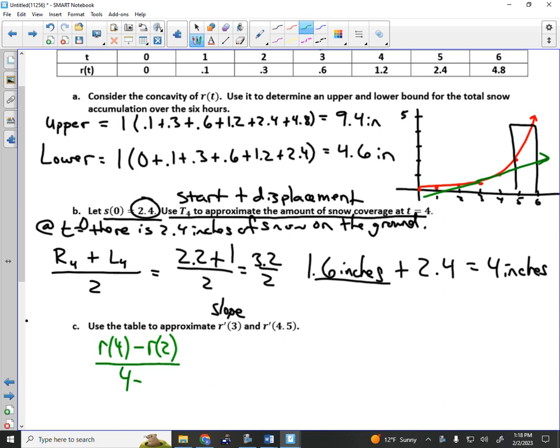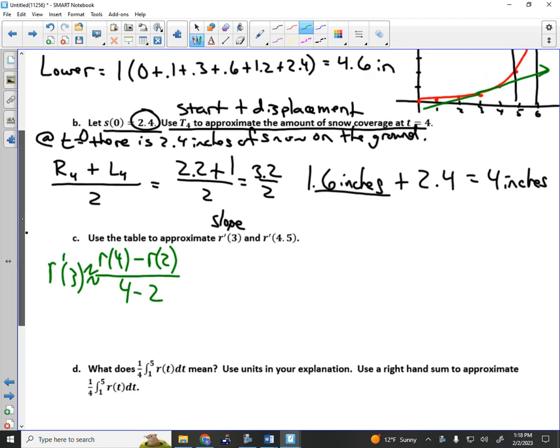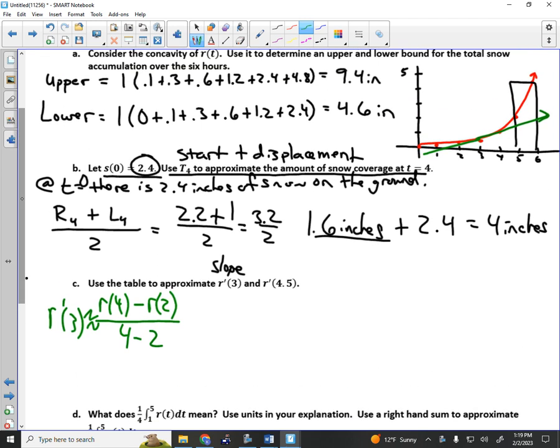Good, 4 minus 2. We don't have a formula, so we use a point behind it and a point in front of it. If you look at this drawing, if you connected the lines from 2 to 4, that would be about the same slope as what we're looking at there.